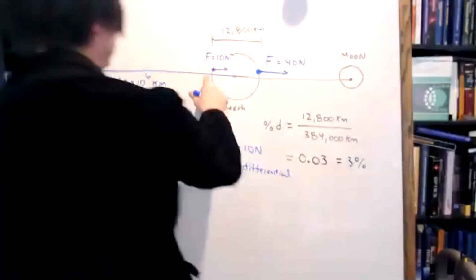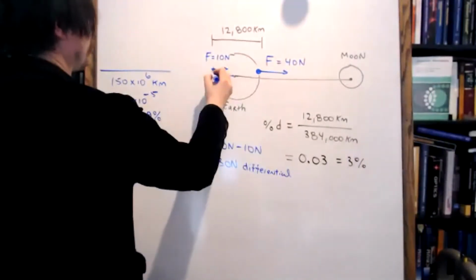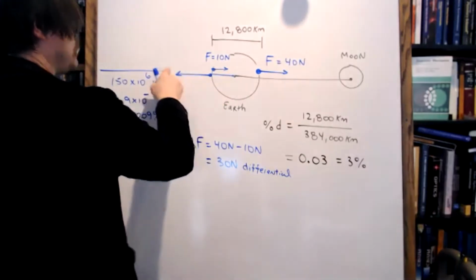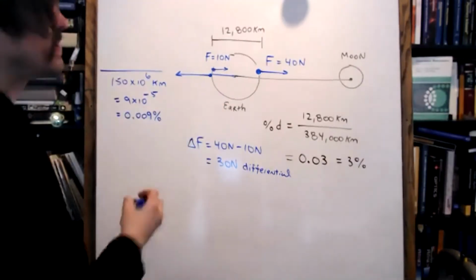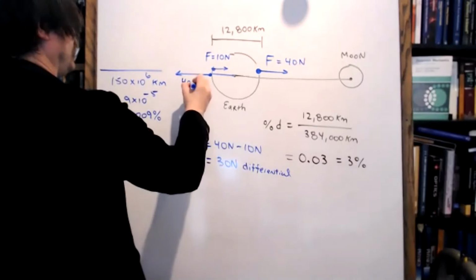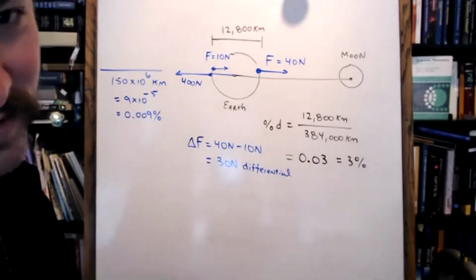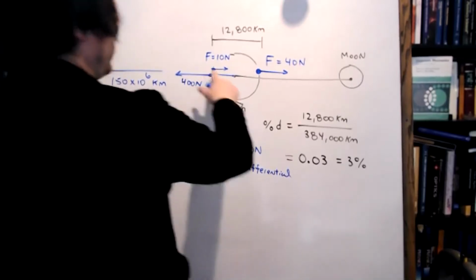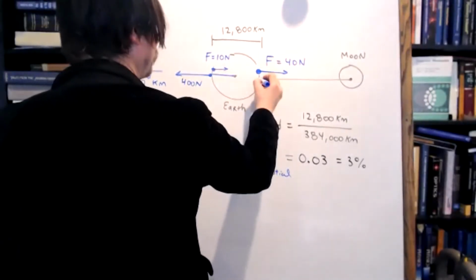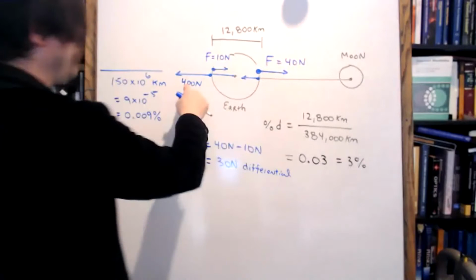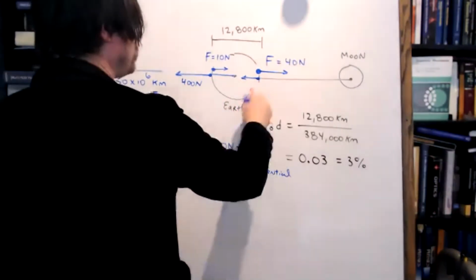So let's say the sun did tug on the front side of Earth stronger. Let's say instead of 40 newtons, the sun tugs on the front side by 400 newtons. By the time you get to the back side of Earth, the tug will only have shrunk by a small amount.